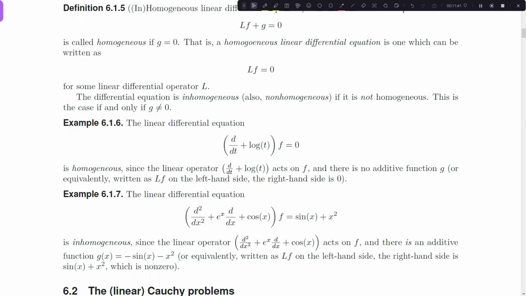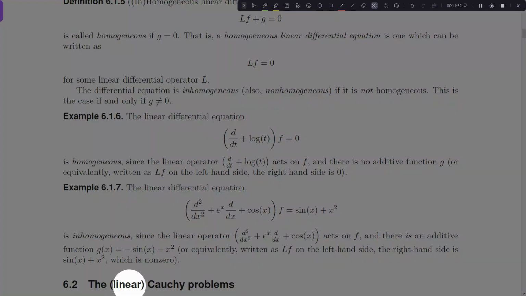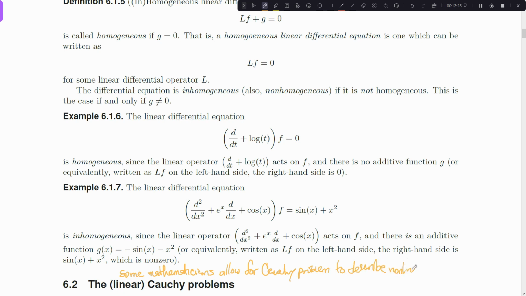Okay, so moving on to section 6.2, we're going to get into these things called Cauchy problems. And I'm adding the term linear in parentheses here because most often when somebody says Cauchy problem, they're going to refer to a linear Cauchy problem, but some people will define nonlinear Cauchy problems. So I should say some mathematicians, and I am actually one of these, allow for a Cauchy problem to describe nonlinear evolution as well.